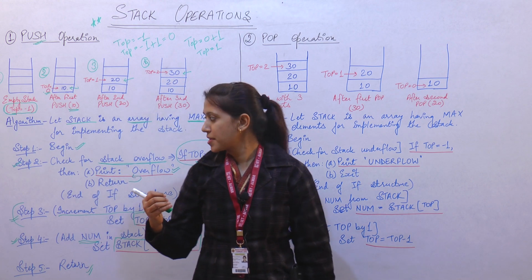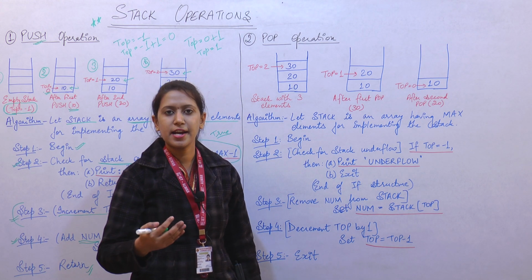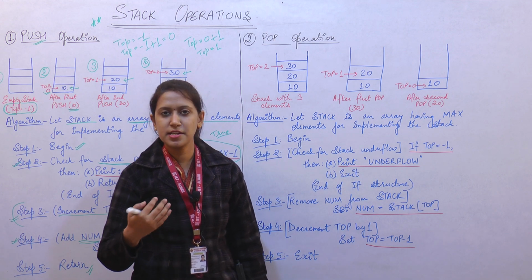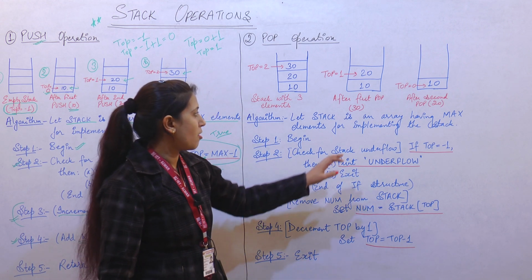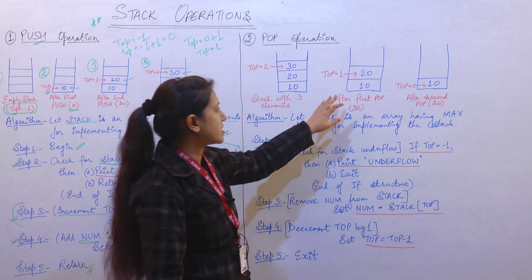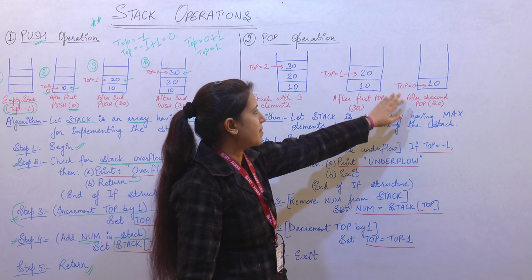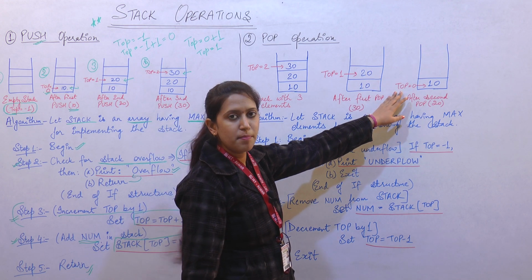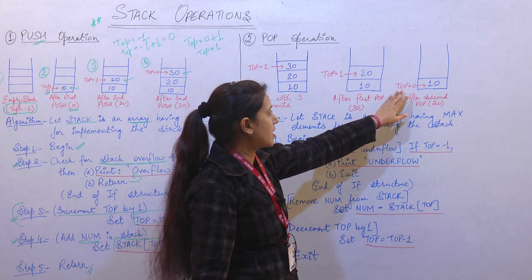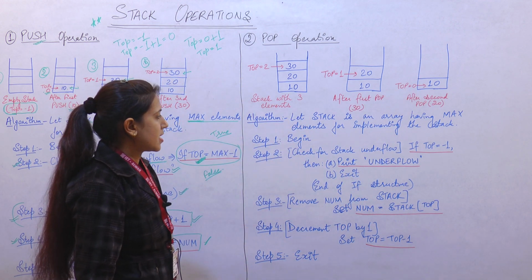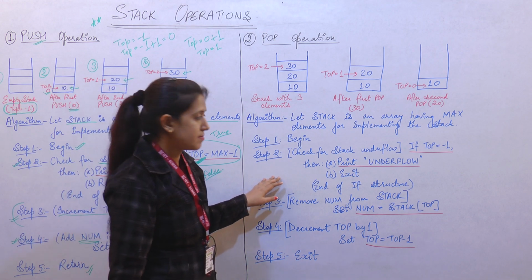In push operation, whenever we were adding any new element into the stack, the value of top was incrementing by 1, but in pop operation the value of top will always decrement by 1. After deleting the second element, that is 20, the value of top again decremented by 1, and now the value of top became 0. So now let's understand this example with an algorithm.